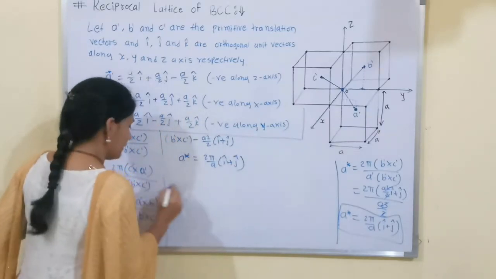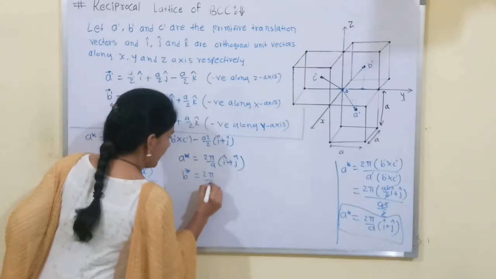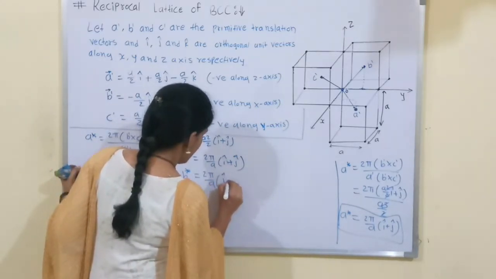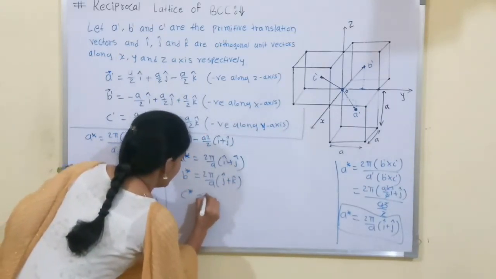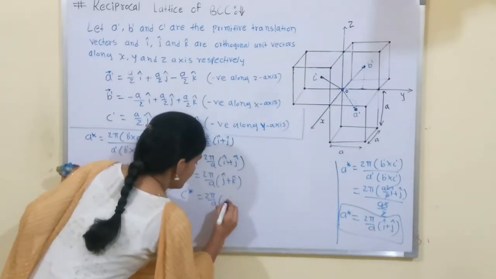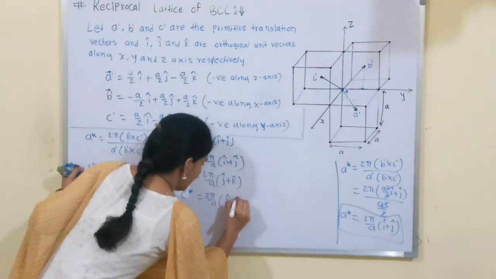Similarly, if we calculate this value, B star will be equal to 2 pi by A into J plus K, and C star will be 2 pi by A into I plus, or we can say K plus I.